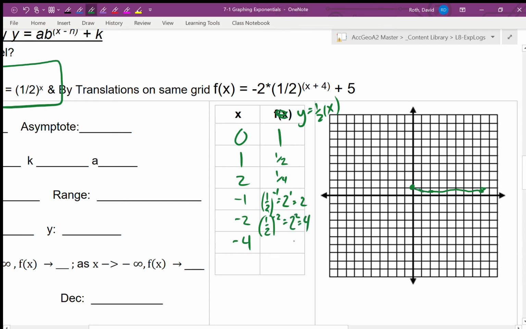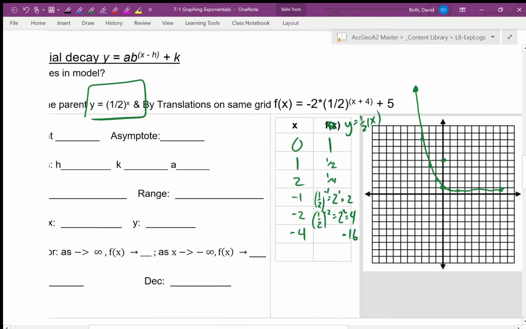And then this will be 16. Kind of the mirror image of what we had up here in our doubling function. So -1 is 2, -2 is 4. I skipped -3, but it'll be 8. Here's 8. And then 16 will be off the charts. Notice it's a reflection across the y-axis anyway.